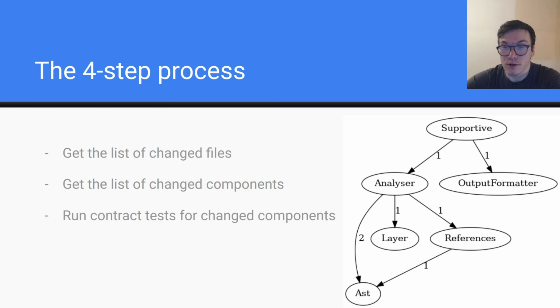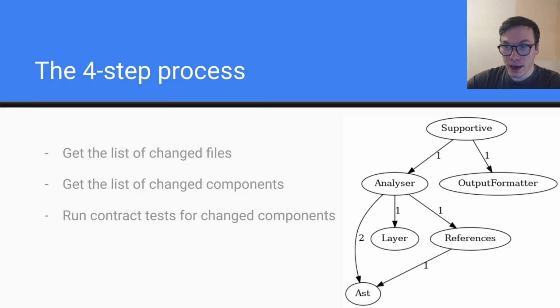Or maybe two components have changed with my change, so maybe layer and references. So I need to run my contract tests for layer and references, right? Contract tests pretty much define the API of this component, right? What are the promises that it makes to outside components, that this is what is always going to work.